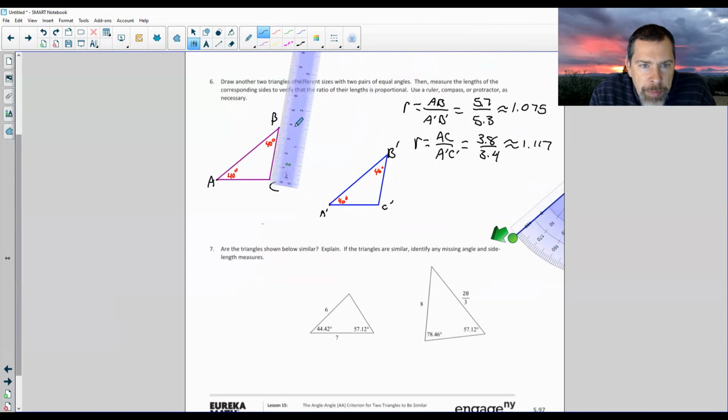All right, so then when I measure this side it is 3.6.